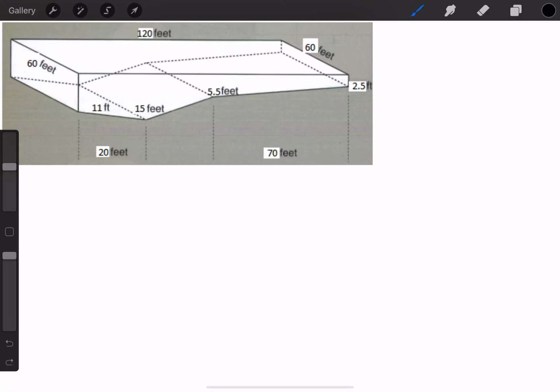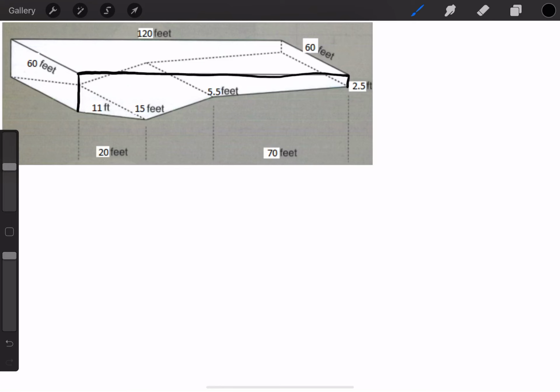All right, everybody. Today we're going to be talking about finding the volume of an irregular prism, such as this pool-shaped object in front of us. First thing I want to talk about is that whenever I'm doing a volume calculation, I really think about it like a surface area calculation with one extra step.